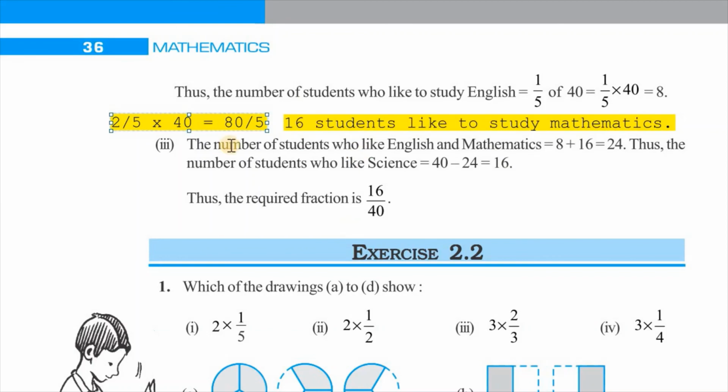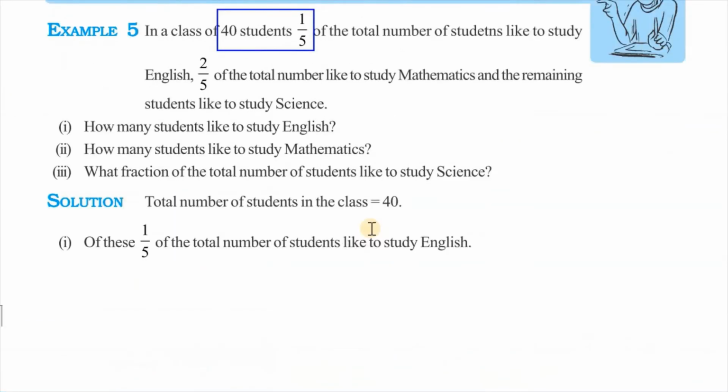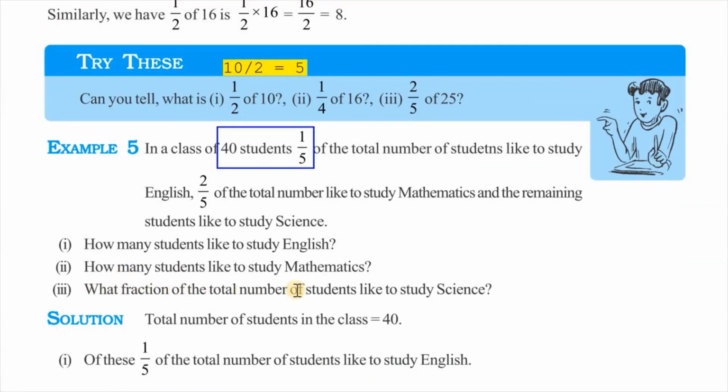Now the last one, you don't have to do it this way. Look here, the question is what fraction of the total number of students like to study science? We have 1/5 like to study English, 2/5 like to study mathematics. So the fraction is as simple as the whole, 1, minus 1 by 5 plus 2 by 5. So this is nothing but 1 minus 3 by 5, which is equal to 2 by 5.